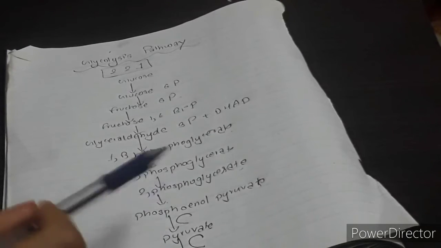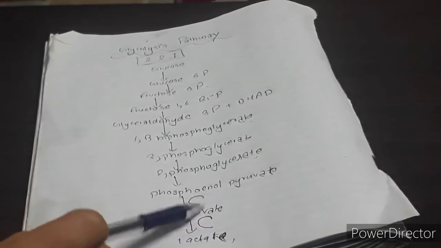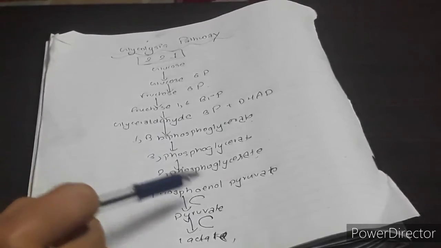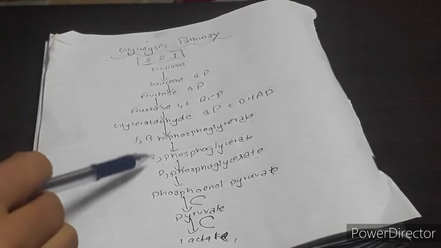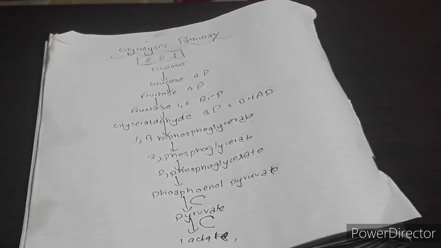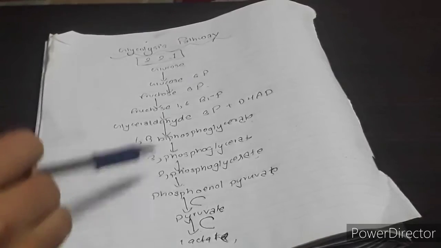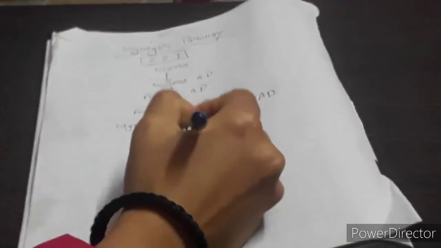So first of all, 2: the first 2 steps have some kind of energy consumption. Then in the next 2 steps you have nothing. Then after that, in the next step there is again something.